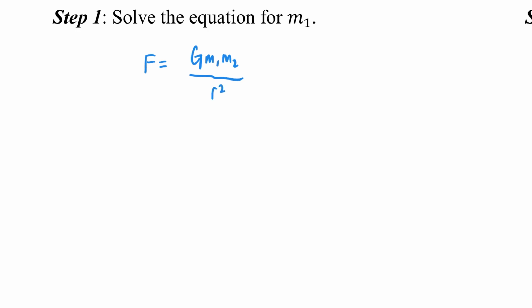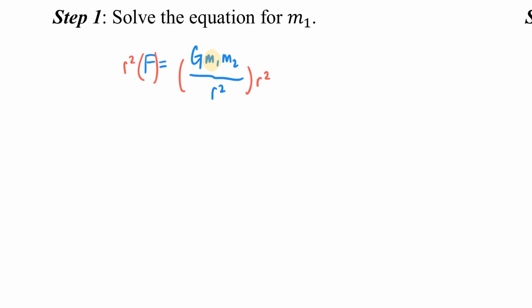And our goal right now is to get this guy, M1, by itself. So what do we need to do? How are we going to manipulate this to get the M1 alone? So what I would recommend first is I would recommend multiplying to get rid of the R squared on the bottom there. Okay?